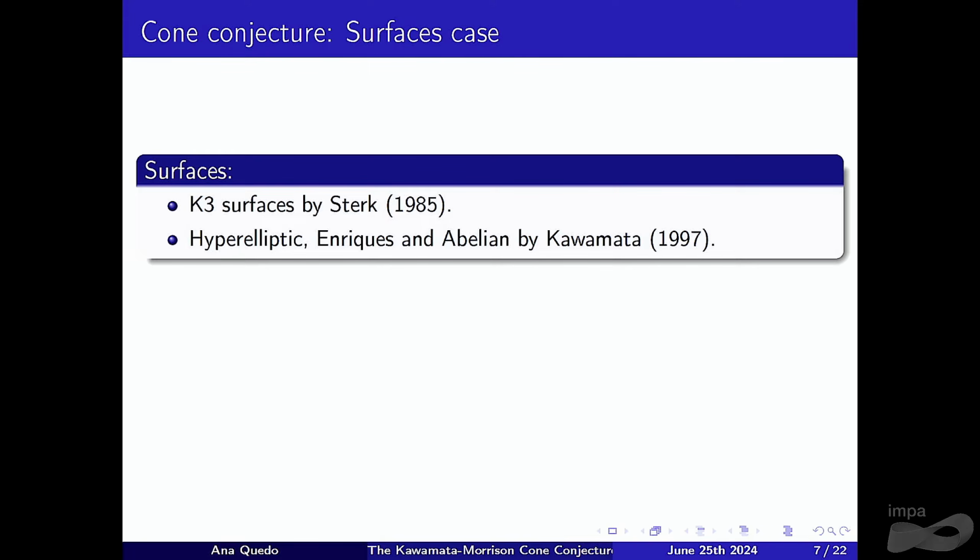The K3 surface case was proven before the conjecture was stated, was one of the motivating cases, and was done by Sterk. And the hyperelliptic, Enriques, and Abelian cases were done by Kawamata in the paper where he established his version of the conjecture.